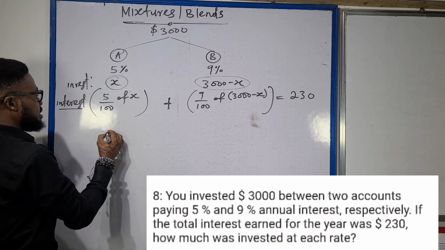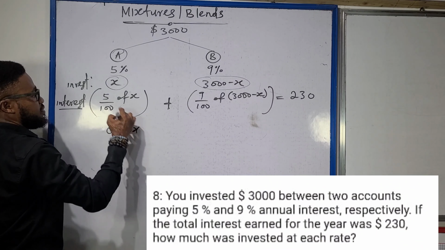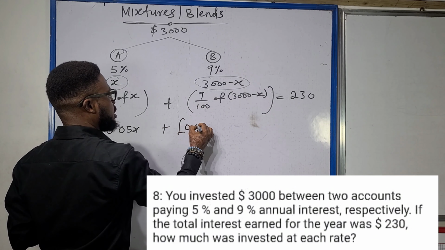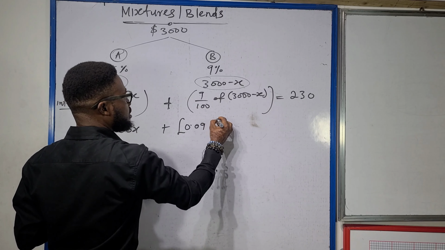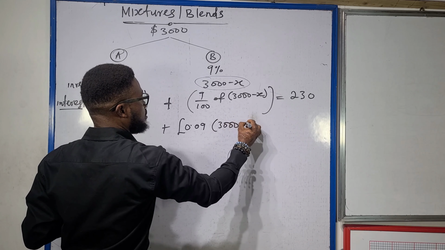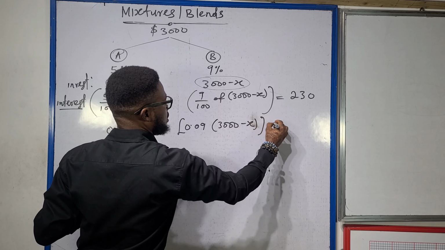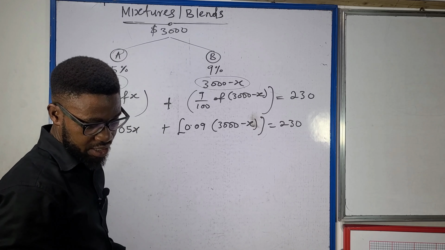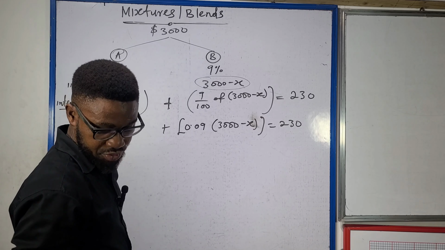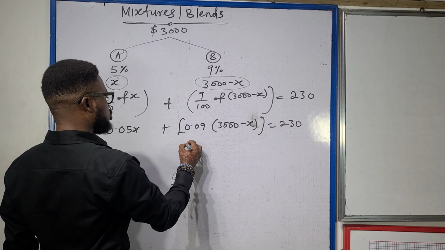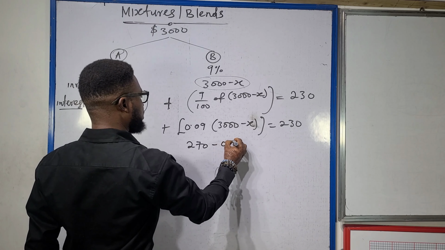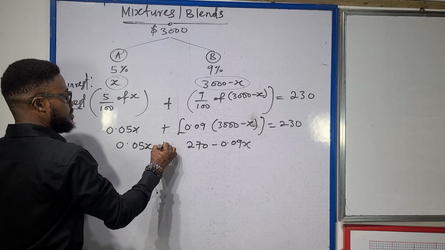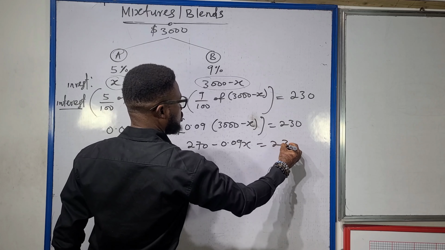So this will mean 0.05x. 5 over 100 is 0.05, plus 0.09 into bracket 3,000 minus x equals 230. So 0.09 times 3,000 equals 270 minus 0.09x, and then I have 0.05x here plus, equals 230.